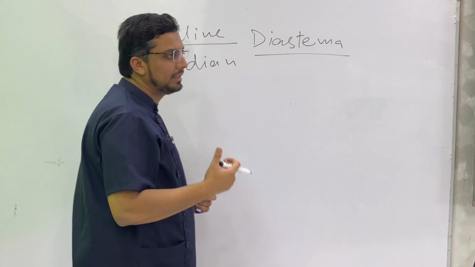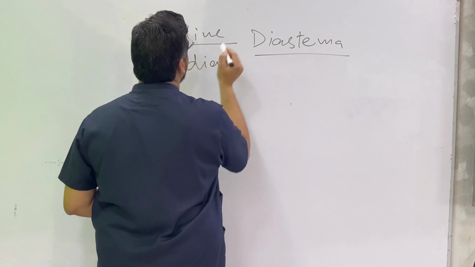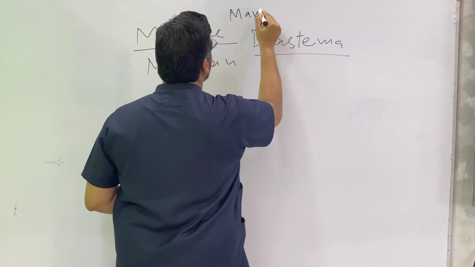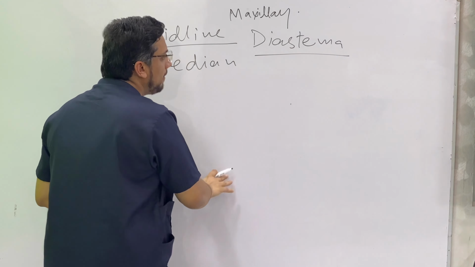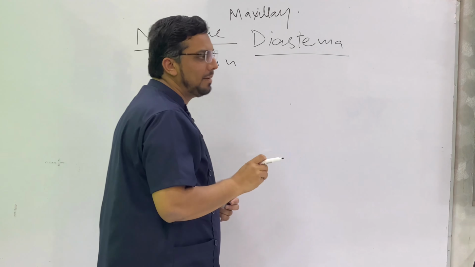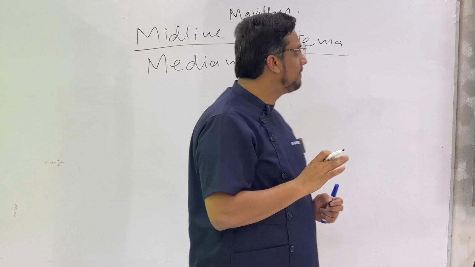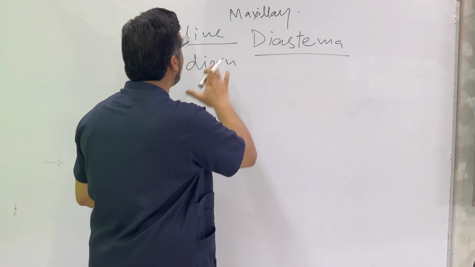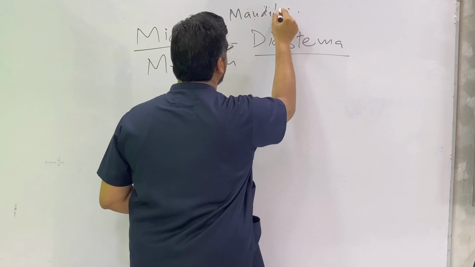When we talk about the maxilla, the proper term would be median or midline maxillary diastema. If we talk about the gap between the lower central incisors, then we will use the median or midline mandibular diastema when we talk about the mandibular teeth.